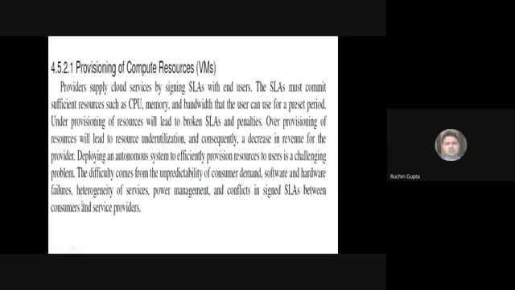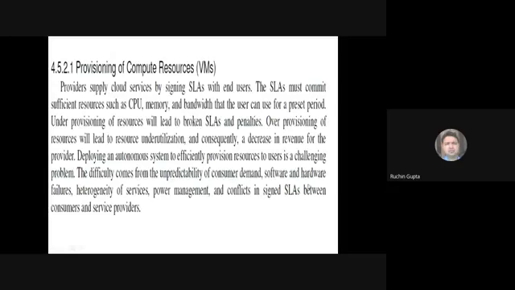And the different consumers are actually using different kinds of devices to access all these cloud computing services. So there is a case of heterogeneity of services. There is a case of power management. There is a conflict in signed SLAs because different consumers will be having different SLAs with the service providers.